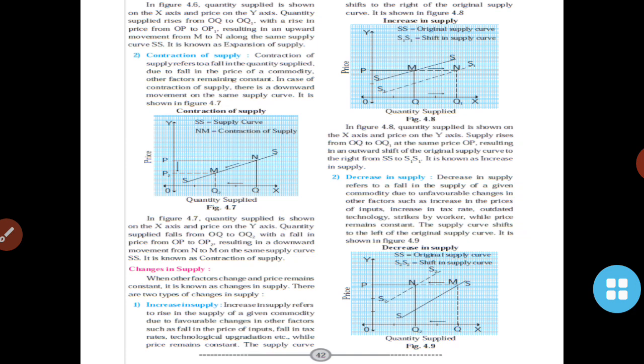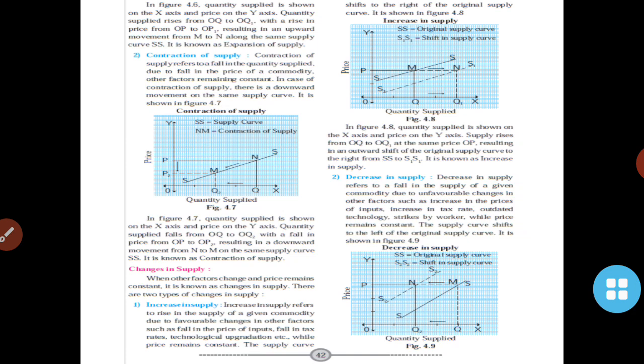In figure 4.8, quantity supplied is shown on the x-axis, price on the y-axis. Supply rises from OQ to OQ1 at the same price OP. Sometimes the price remains the same. Why? Because there are no changes in production, the machinery is not changing anything. The companies are producing their materials in the same way.